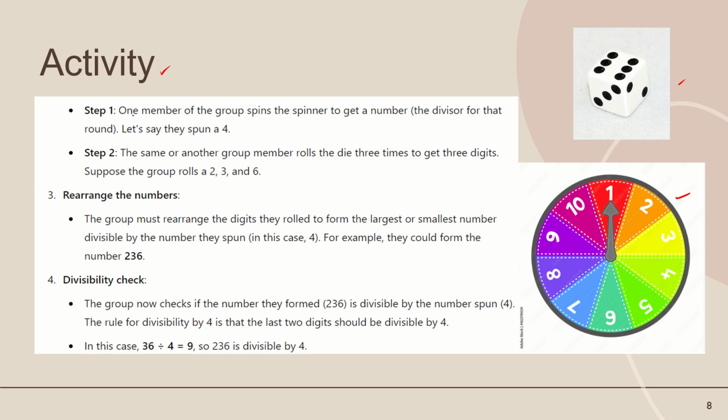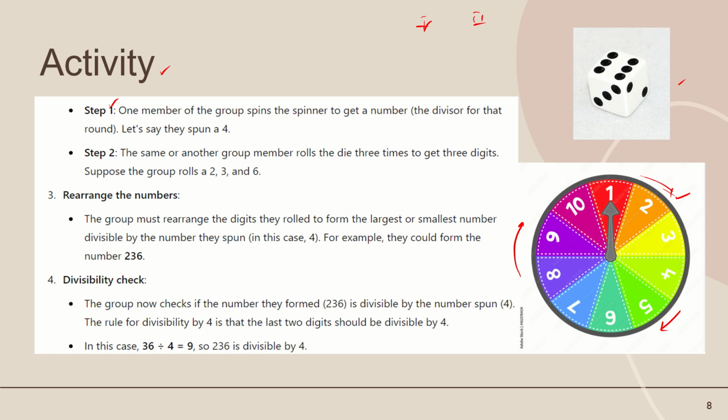Roll the die. Step one is that one member of the group spins the spinner. Let's suppose that we have two groups, group 1 and group 2. One member of the first group spins the spinner in a clockwise direction like this.